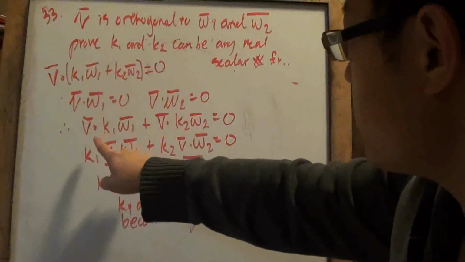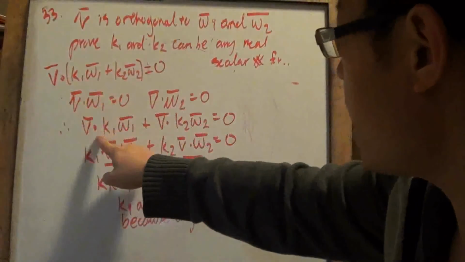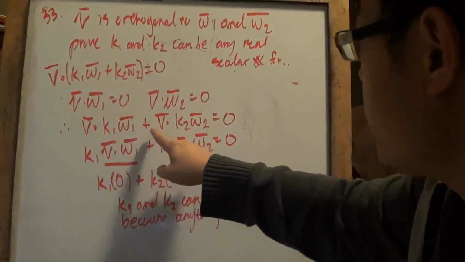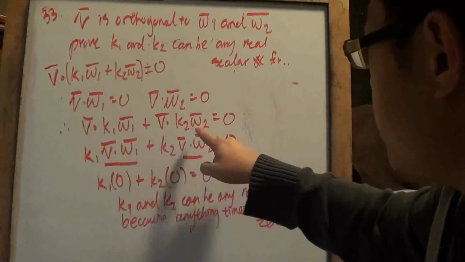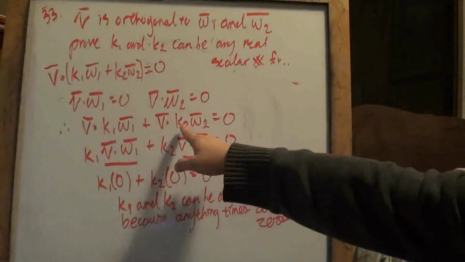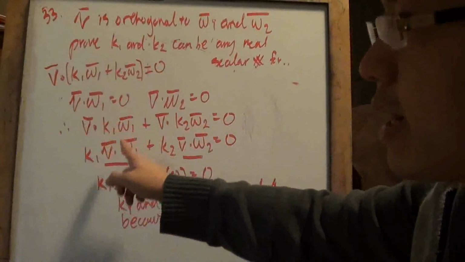So that still applies. It's going to be v dot k1 w1 plus v dot k2 w2. Well, k is a constant, so we can take it out.